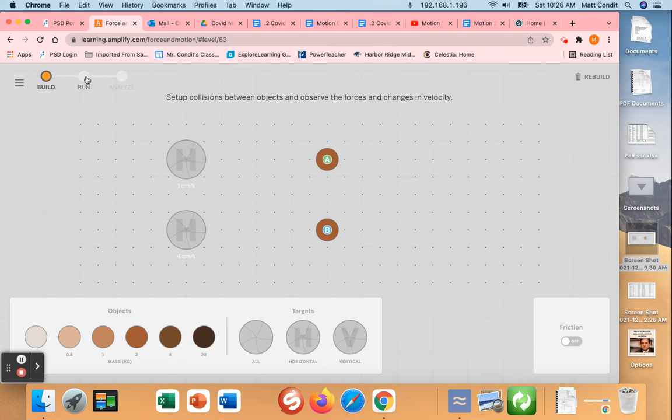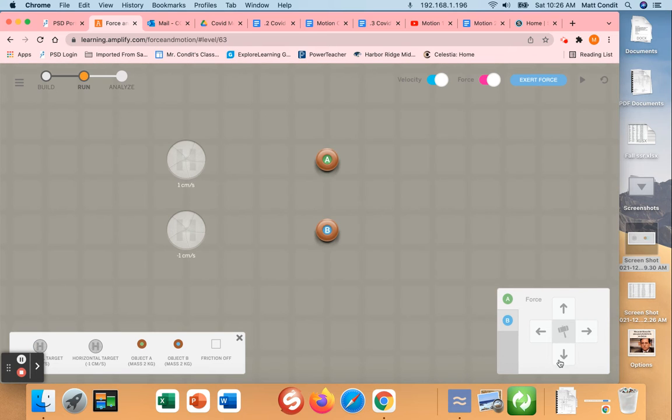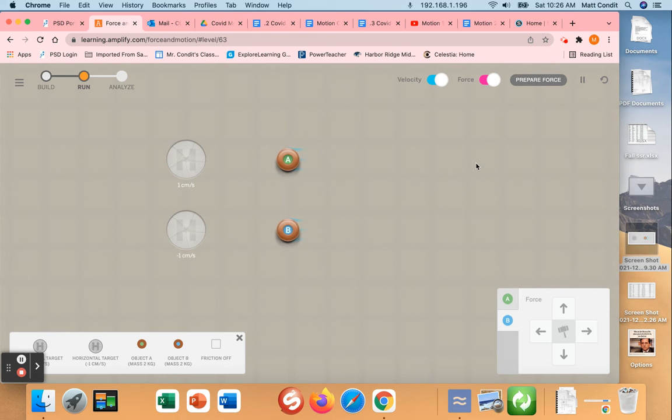So I'm going to go ahead and prepare a force. I'll do a force of 2 on both of them again. I'll exert the force. Notice the bottom one gets eaten up because it's coming the direction that this says, going to the left.